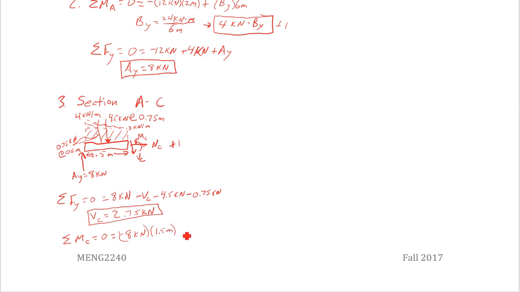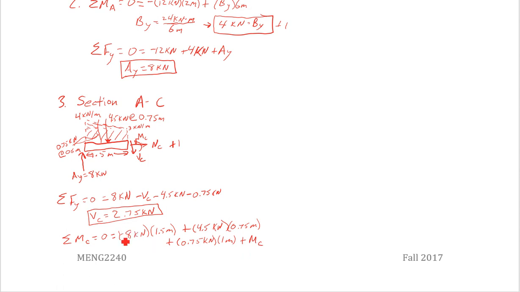And then I'm going to have counterclockwise motion plus 4.5 kilonewtons from my main rectangular load at 0.75 meters, and plus 0.75 kilonewtons at 1 meter from C. So this 0.75 kilonewtons is half a meter from this side, which means it's 1 meter from C. And then I'm going to have plus MC.